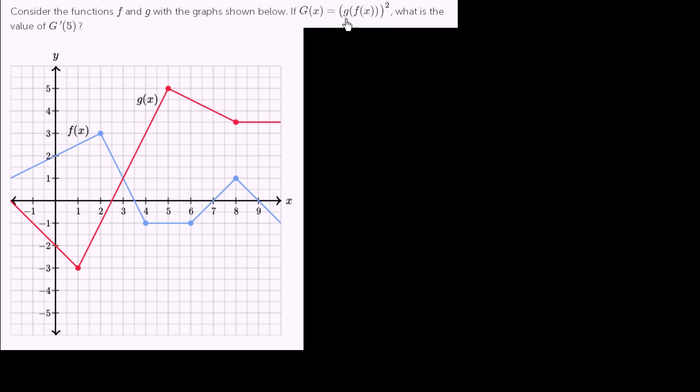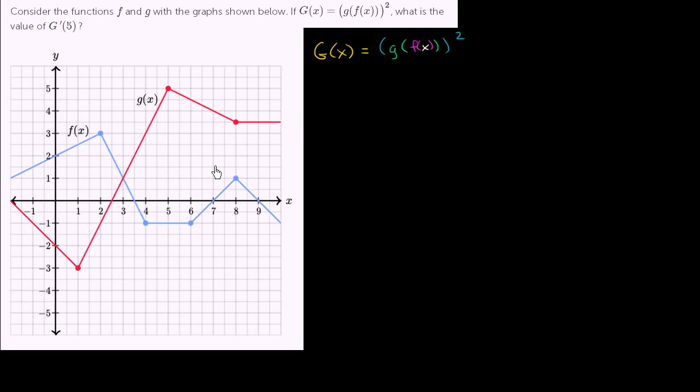So let's try to think through this somewhat complicated looking function definition right over here. We have capital G of x is equal to this quantity squared, and what we're squaring is g of f of x.